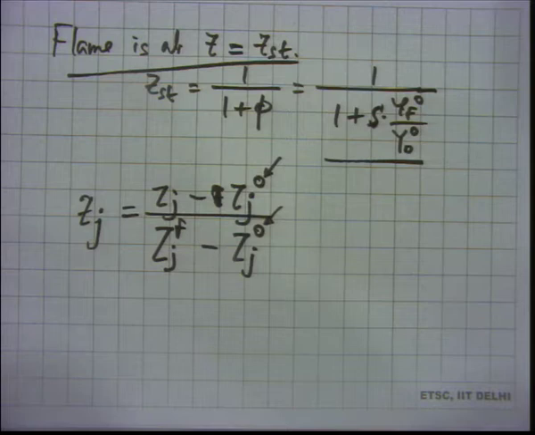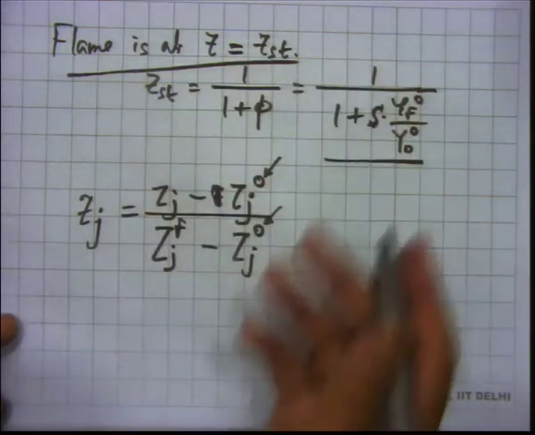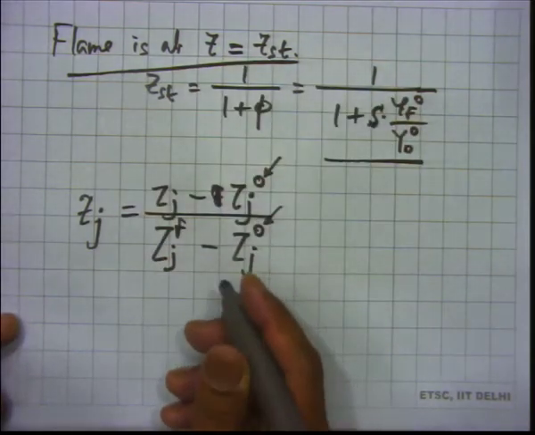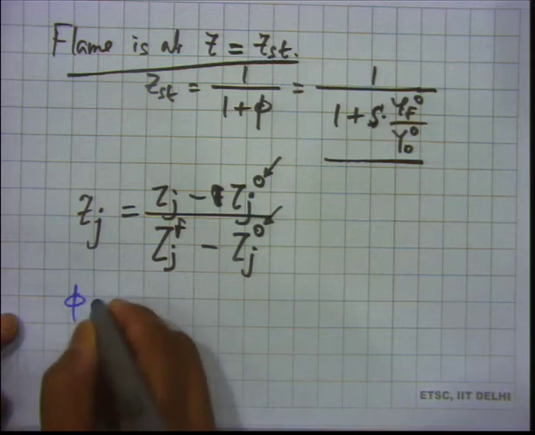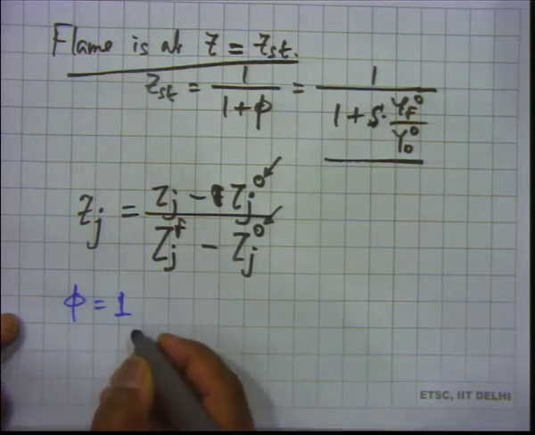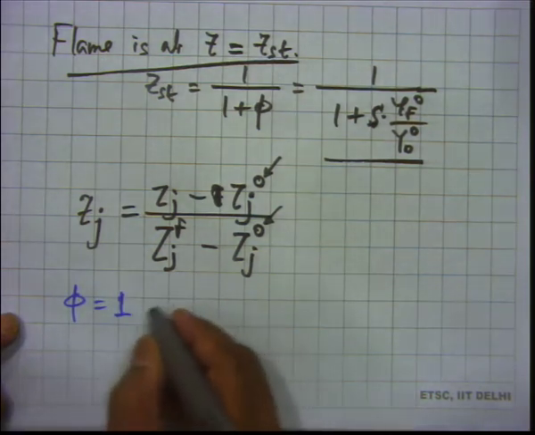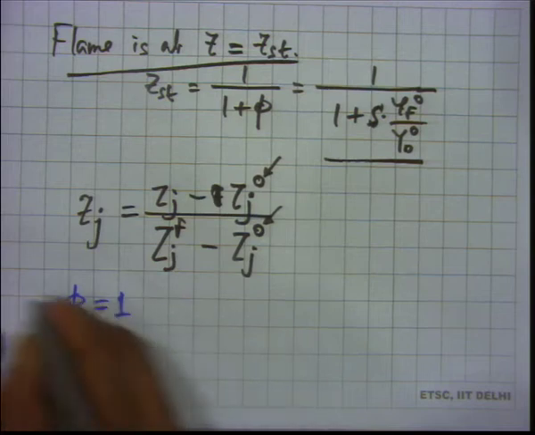But then there is a problem. I think one of you asked this towards the end of the last class, and I could not take it up then. I asked where the flame is in terms of phi, and one of you said that this should be at phi equal to 1, isn't it?